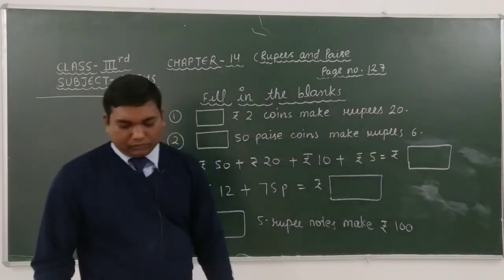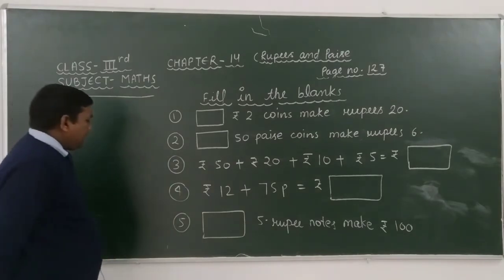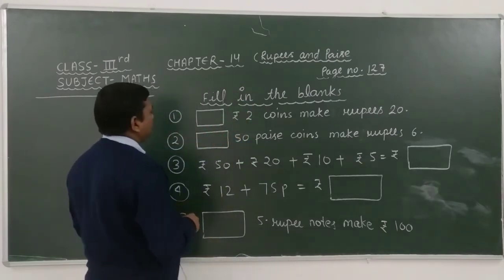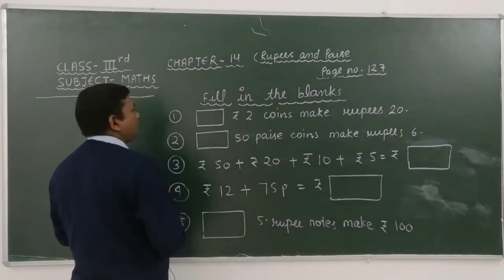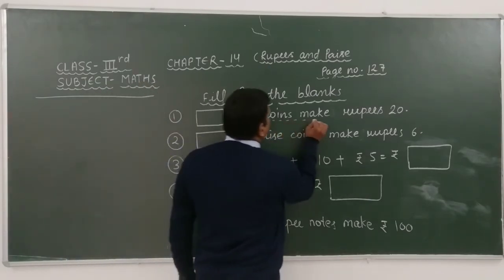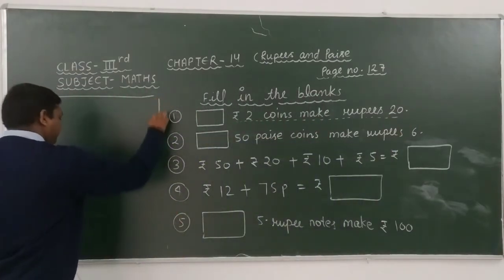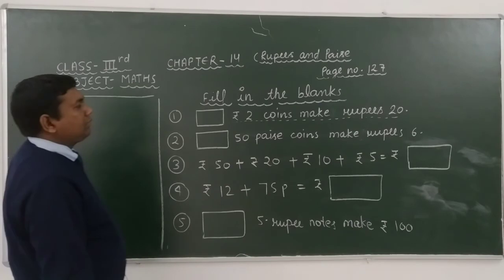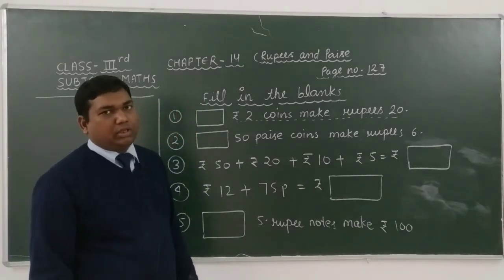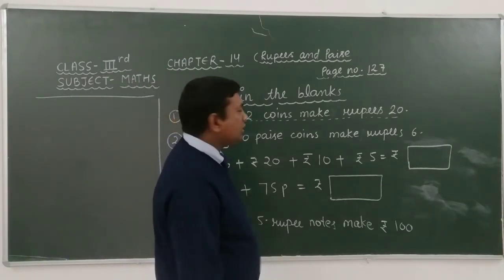Okay, let's discuss. Look here carefully, 5 questions are given. Question number 1 is box rupees 2 coins makes rupees 20. It means that here we should find the total number of 2 rupees coins that make rupees 20.